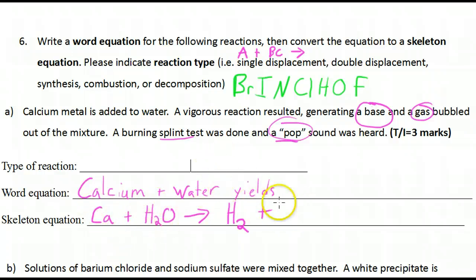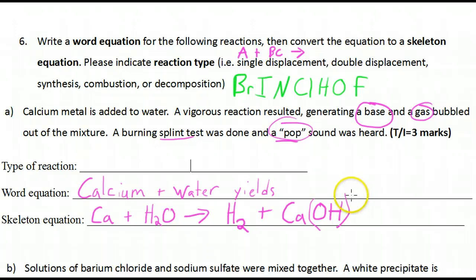So we'll have plus Ca, and then here's the hint. It said that it was with a base. So if it's with a base, it needs to have a hydroxide ion there. So it has to be like that, and now we just have to figure out the subscripts.